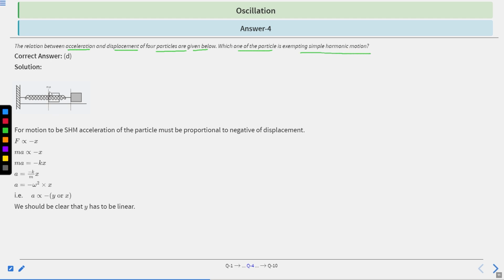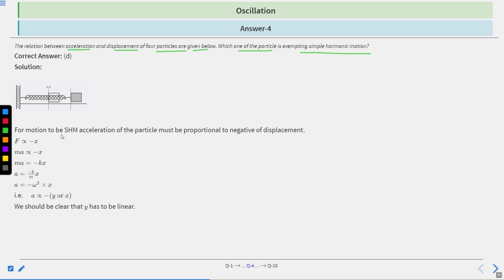Suppose a body has this as its mean position and oscillates in this direction and this direction. When the body is oscillating in the right direction, a force known as the restoring force acts towards the left.